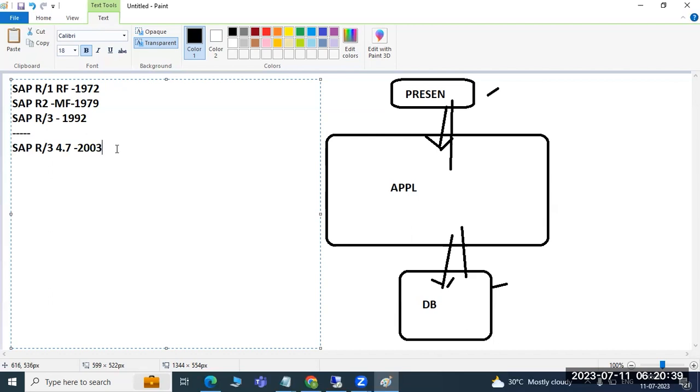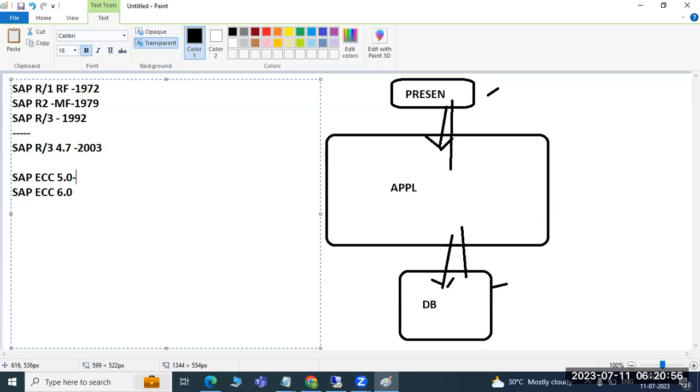Then after that they renamed it to SAP ECC. They released 5.0, then SAP ECC 6.0.